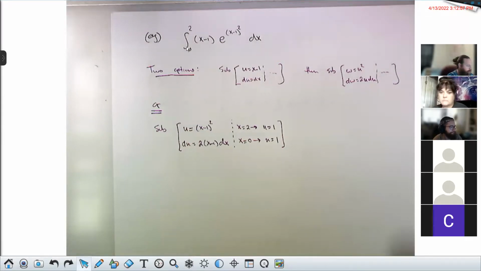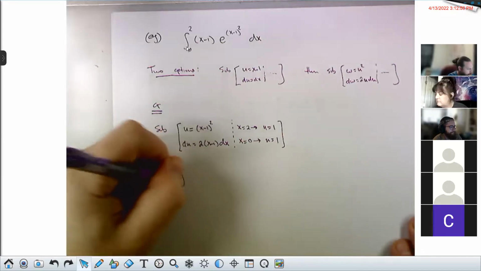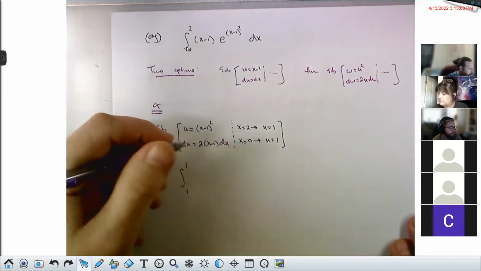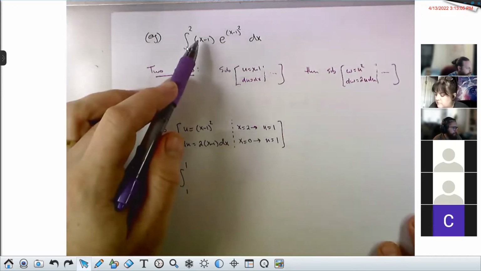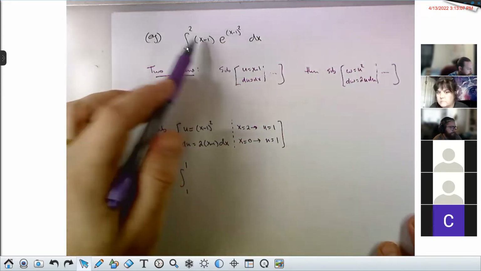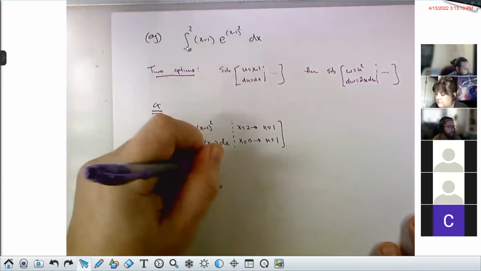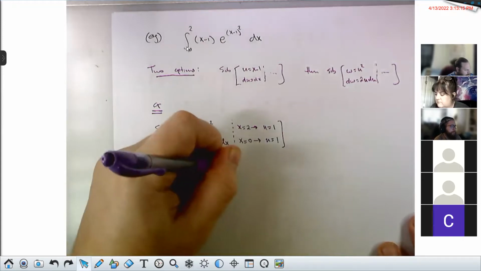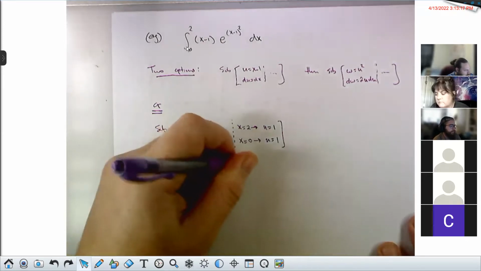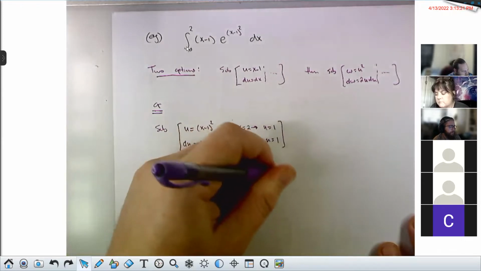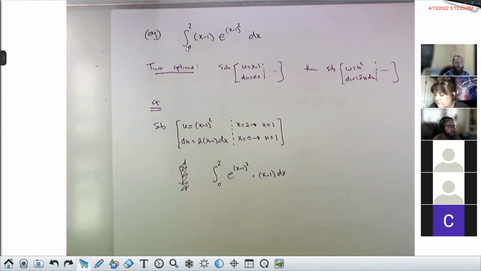So let's go ahead and write down the result. This would tell me that my new integral is the integral from 1 to 1. Let me back up. Let's rewrite the original integral. We've got 0 to 2. I'll have my e to the x minus 1 squared. And I'm just going to put the x minus 1 over here with the dx to make it a little easier to see what we're going to do.